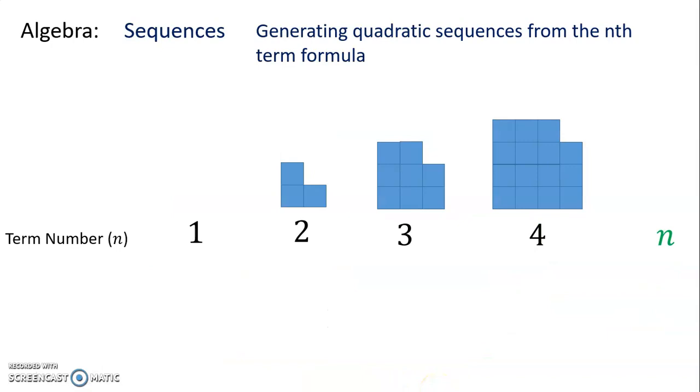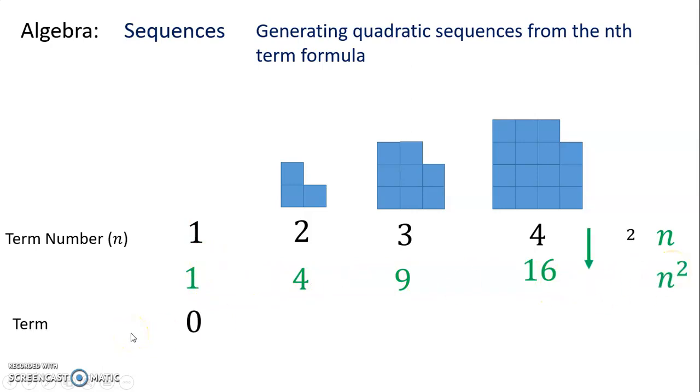Okay, here is another type of quadratic sequence, and this time hopefully you can see I've got my squares and then I've taken a tile away. And that's true for this one as well. I've taken a tile away, but I would only have had one in the first place, so now I've got none. And so this is based on the square numbers again, for which the nth term is n squared.